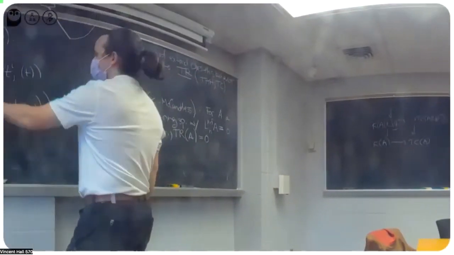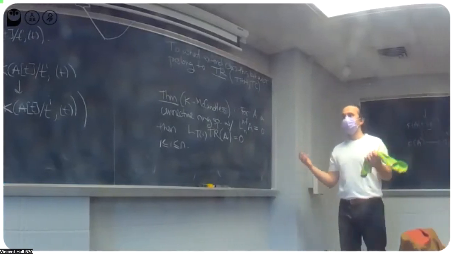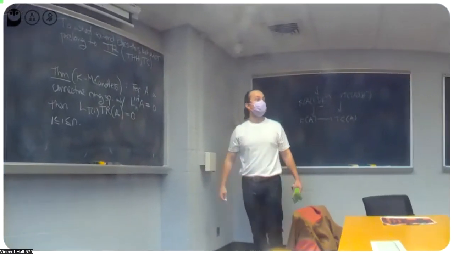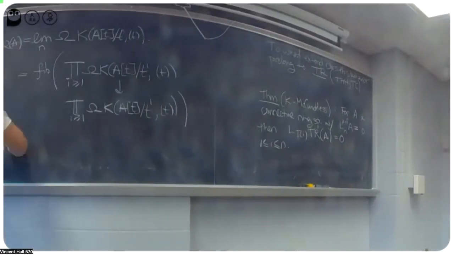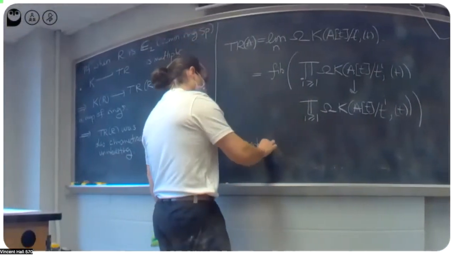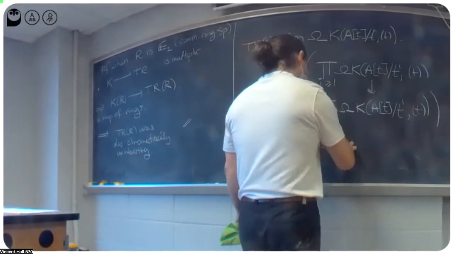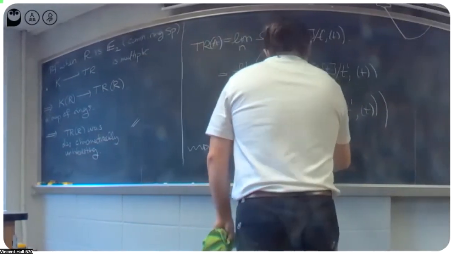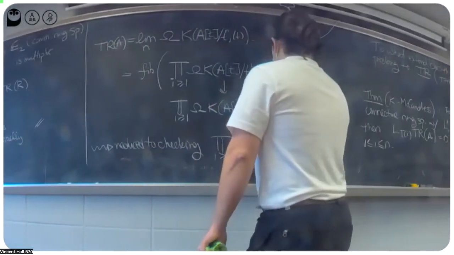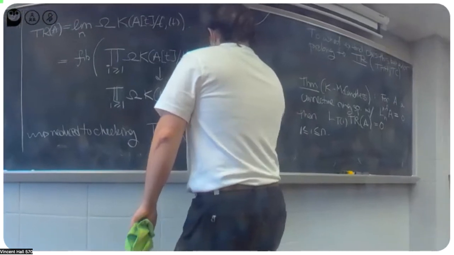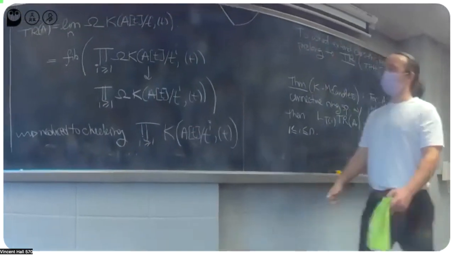And so it suffices to work with this infinite product here. And in fact, the loop is also superfluous, and so we can ignore that as well. Okay, so we've reduced to checking that this infinite product is going to be acyclic for a collection of homology theories.